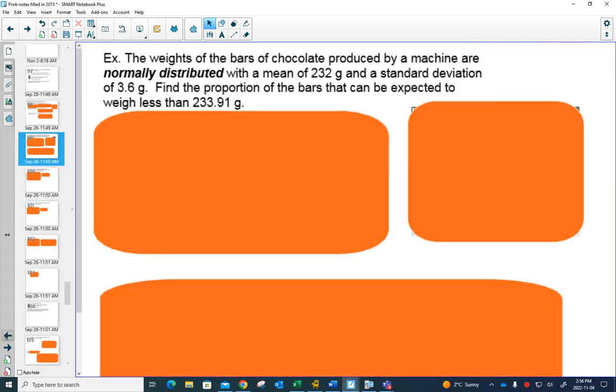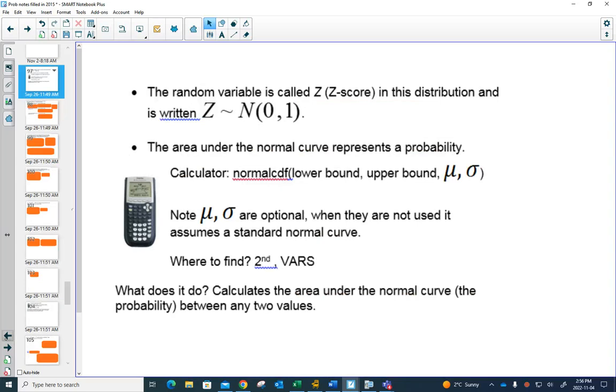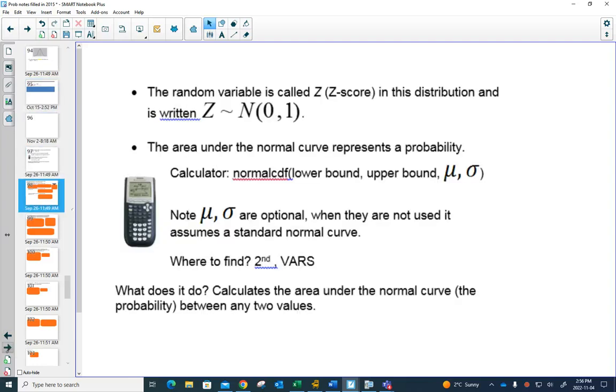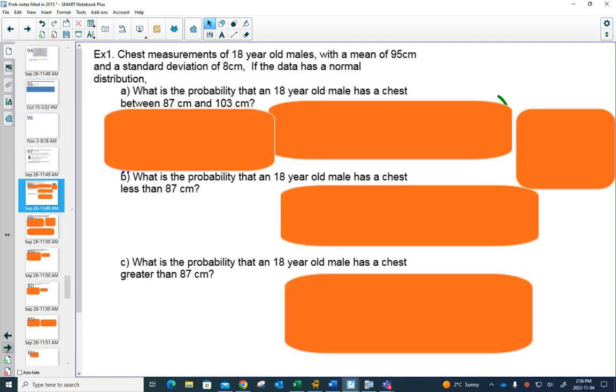But now we are going to turn back to where we were. A lot of things in biology are normally distributed. So chest measurements of 18-year-old males have a mean of 95 centimeters and a standard deviation of 8 centimeters.